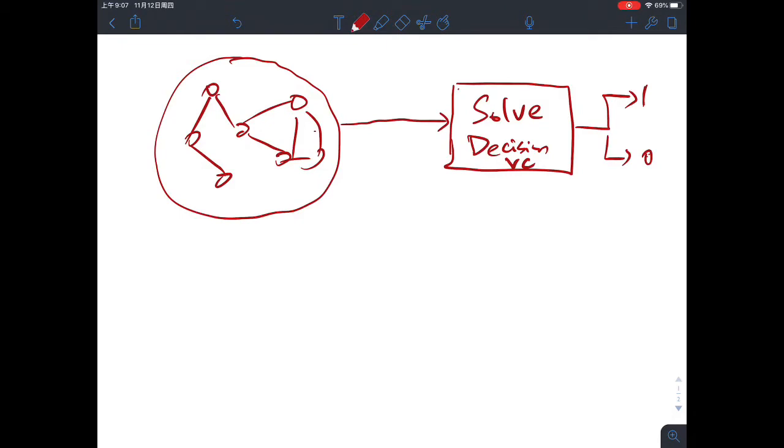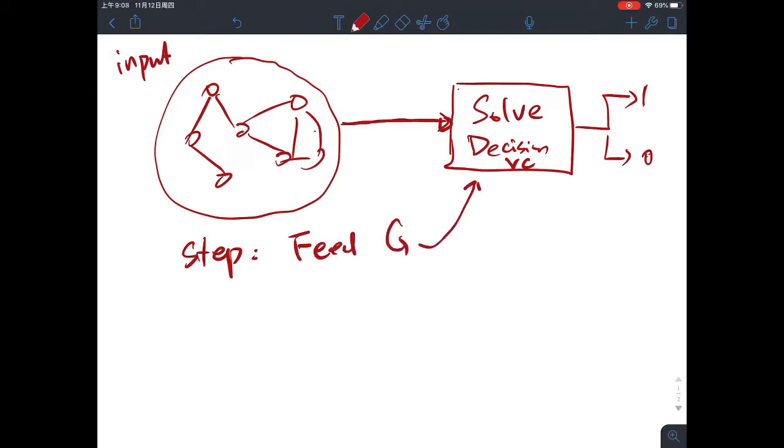If this were an input graph, the first step is to directly feed G into the solver. If the solver says no, there doesn't exist any vertex cover of size k, then my algorithm just directly outputs no. So it just reflects the black box's no.